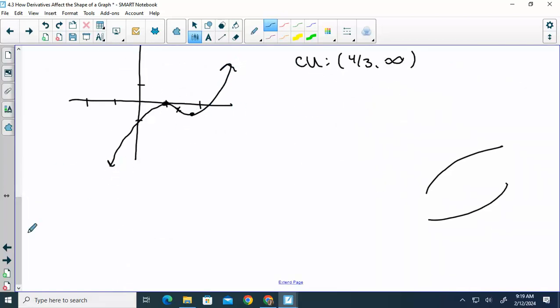And we remain curved upward. Any questions on that one?